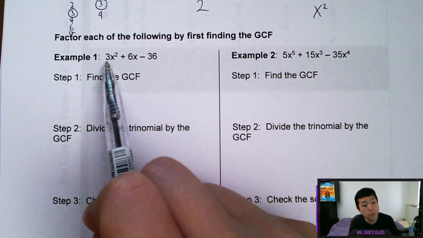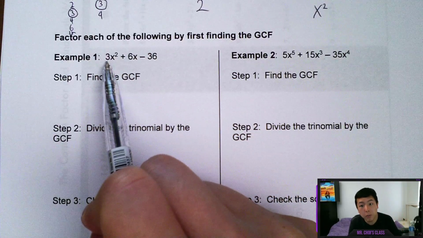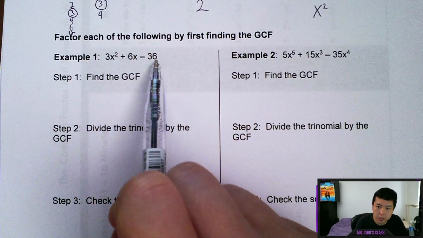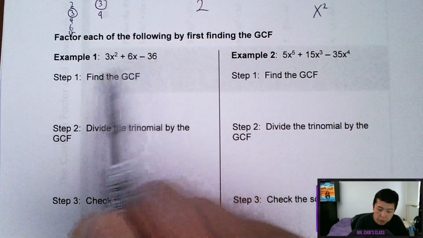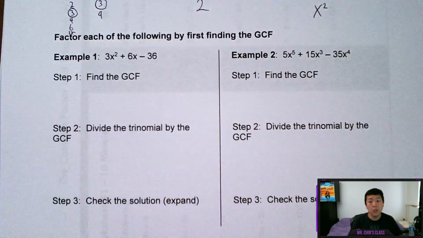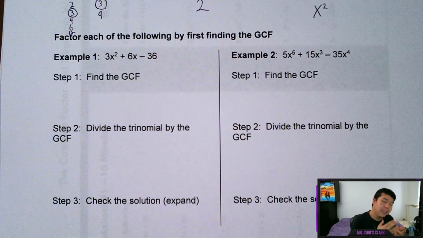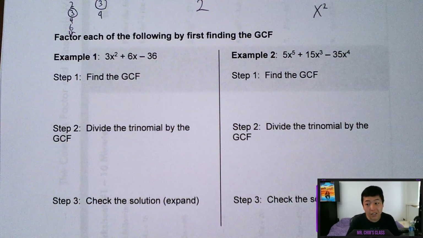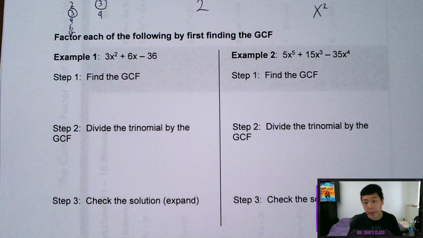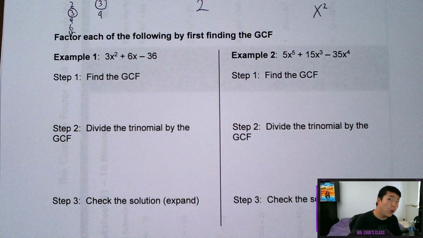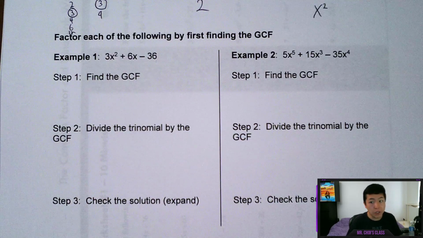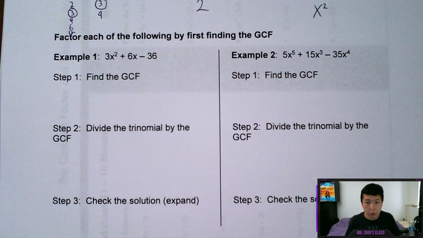Let's look at only the numbers first. So 3, 6, and 36. Well, we are going to look at the number that has the least amount of factors. For us, it's 3. 3 only has 2 factors, 1 and 3. We don't use 1 as a factor, which means it's 3. See what I'm doing there?